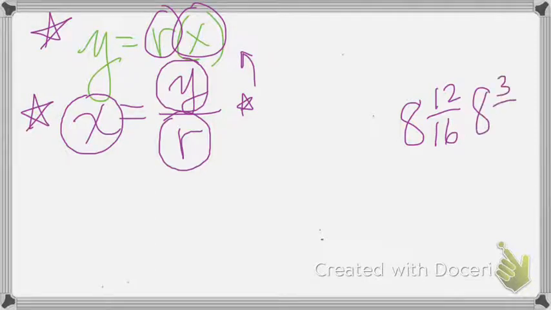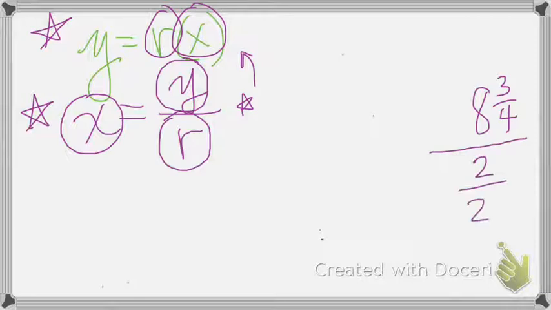So 8 3/4 is simplified here, over our rate, which we know to be 2 over 21. You know the drill by now. Turning this mixed number into an improper fraction, that's 35 over 4.